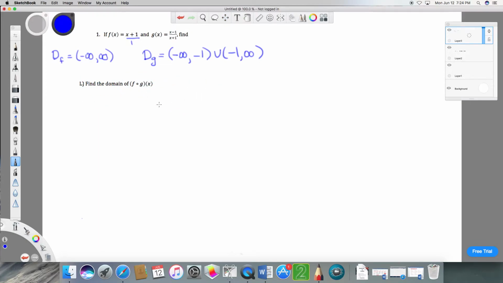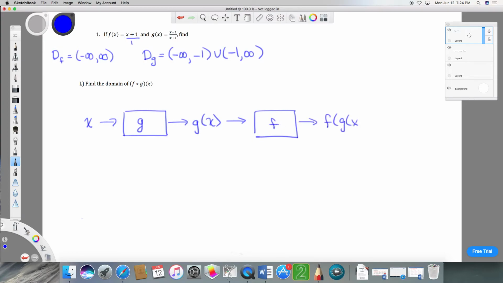I just have to think of how you would build this function. You would build this function by taking input, something from the domain of g, and the output of g becomes the input for f, and the output of f is what we want.